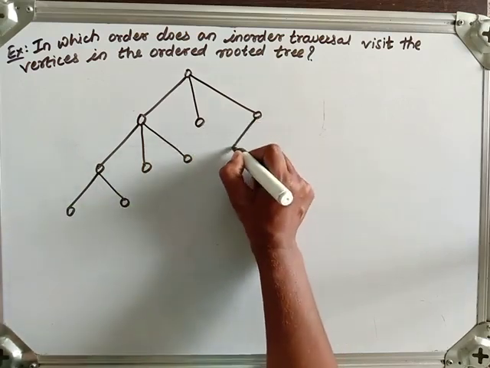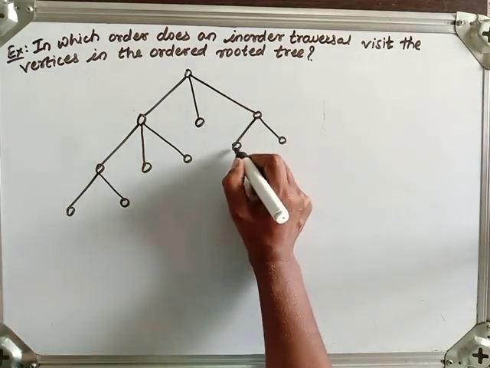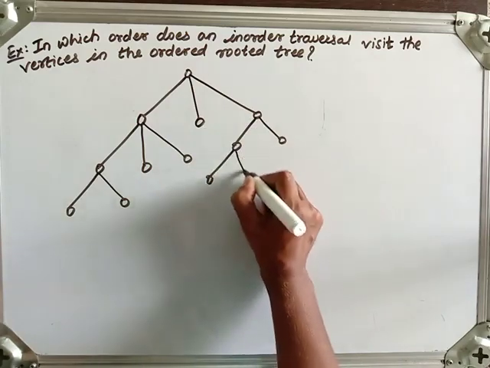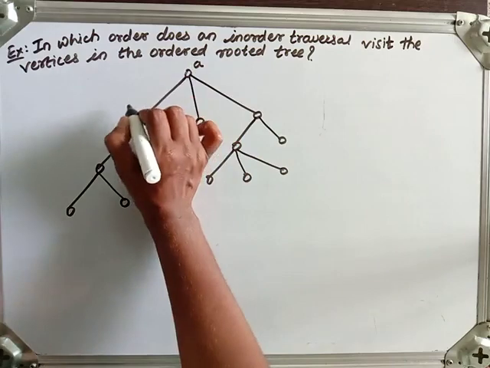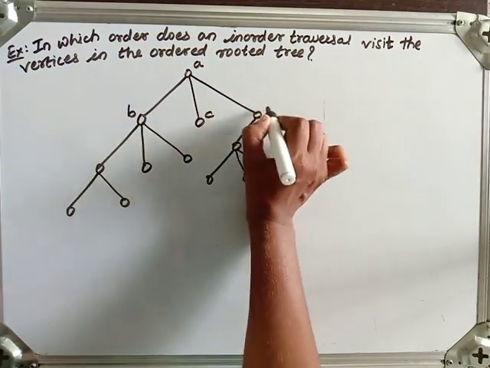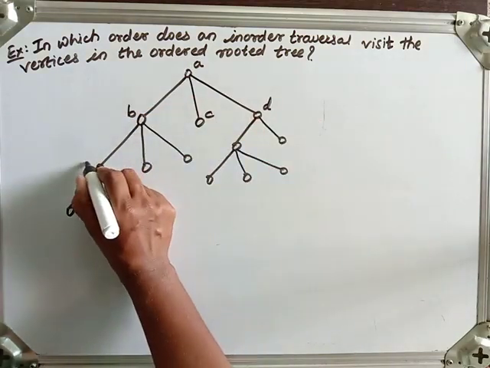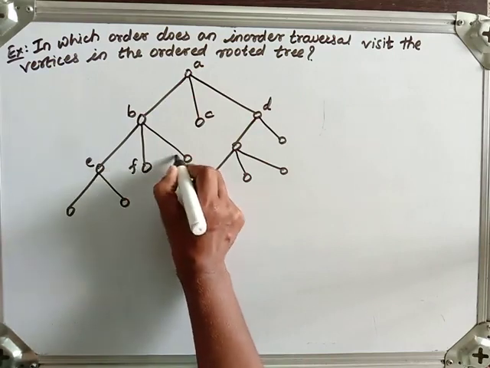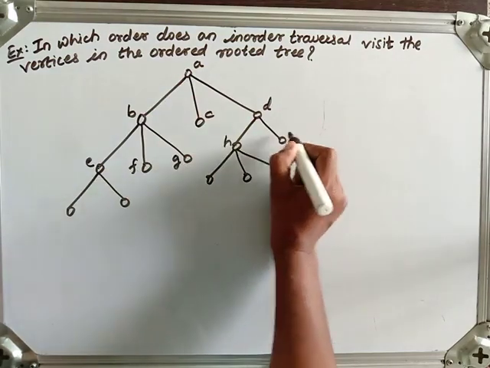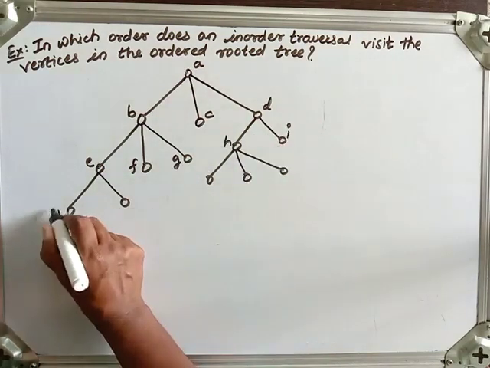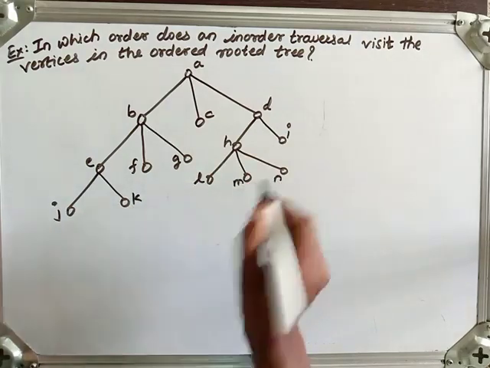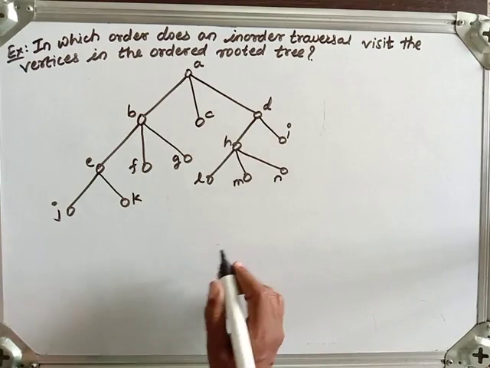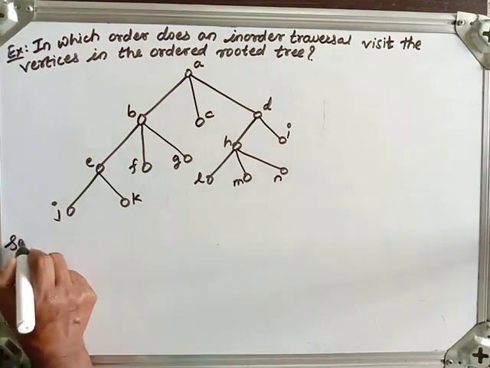This is A, this is B, C, D, here suppose E, F, G, H, I, J, K, L, M, N. These many vertices are here. This is our example.